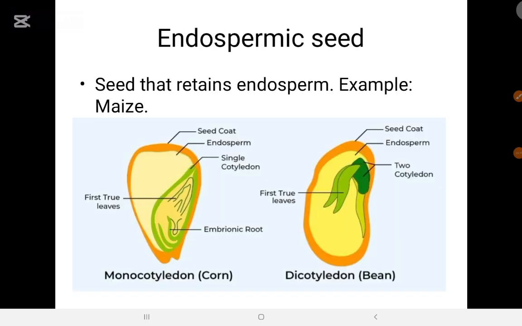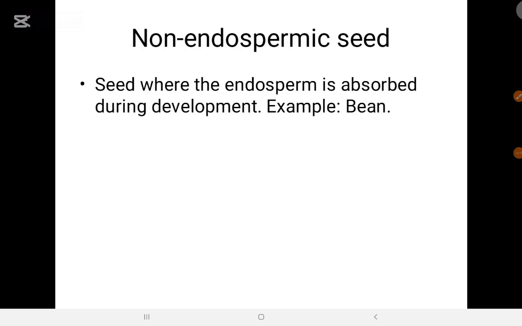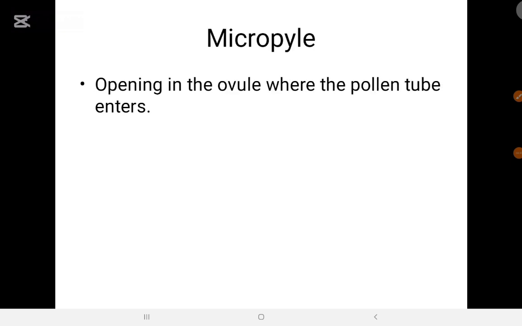An example of an endospermic seed is the maize. Is that okay? In a non-endospermic seed, the endosperm is absorbed during development.